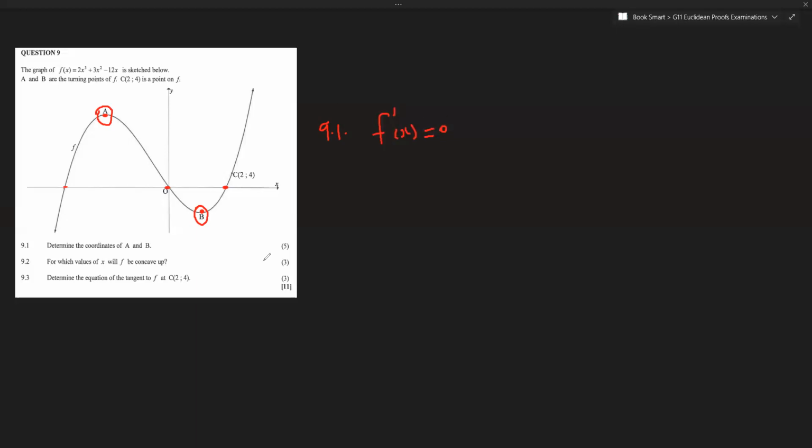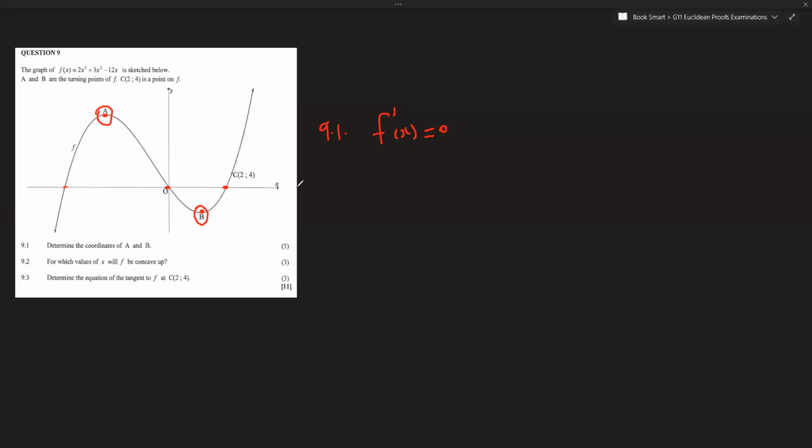Derivative equals 0. Perfect. And it does not matter whether it's a cubic function or it's number patterns or it's optimization. When the question asks you to do a maximum or a minimum, you do derivative equals 0.